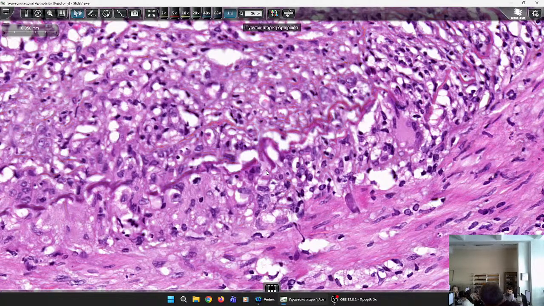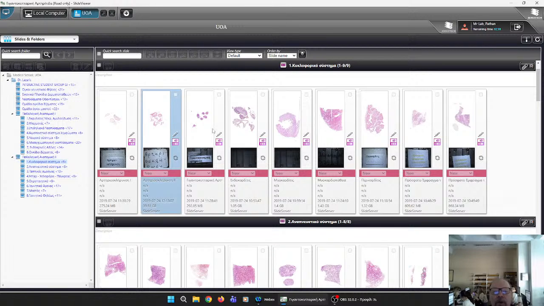There are neutrophils present, however, the inflammation is dominated by lymphocytes, which attack the elements of the tissue itself, so this gives it an autoimmune pathogenesis.